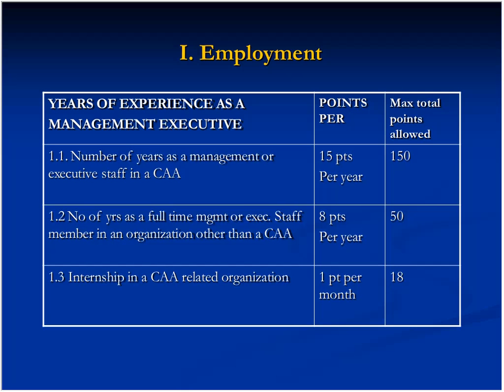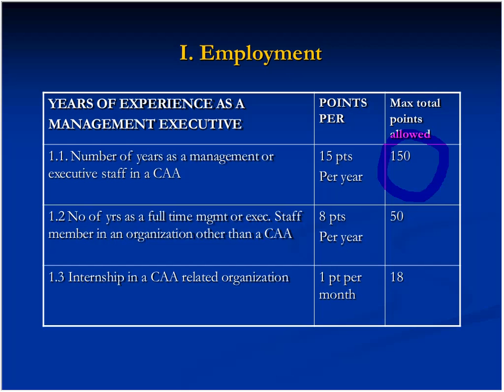But notice there are a number of points that can be earned in each section on the candidate data form per submission. So one gets 15 points per year of employment as an executive in a Community Action Agency. However, the maximum number of points that you can accumulate in that category is 150 points.